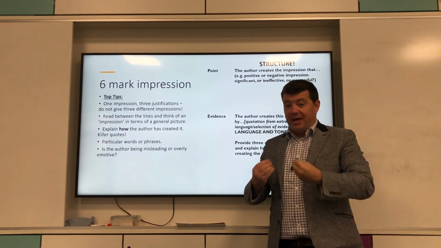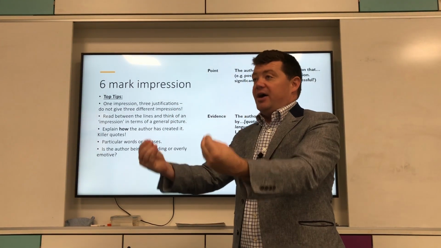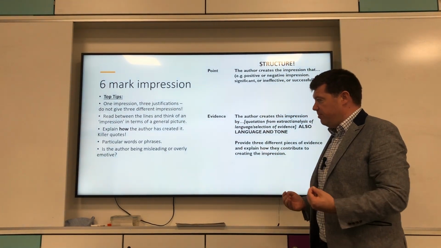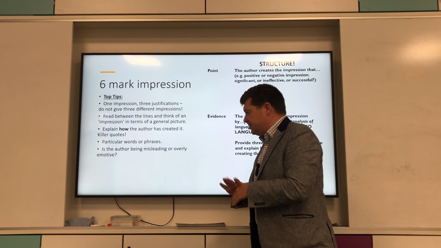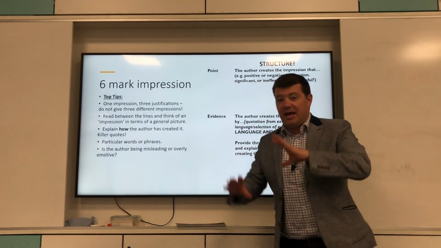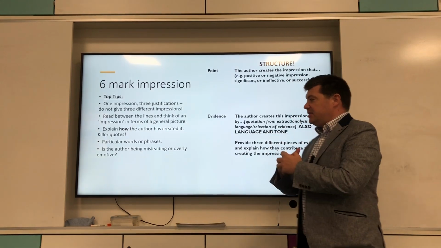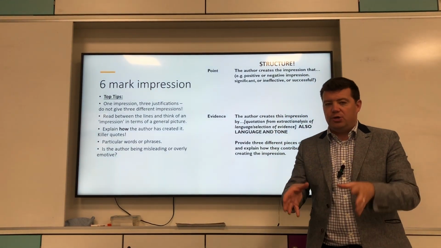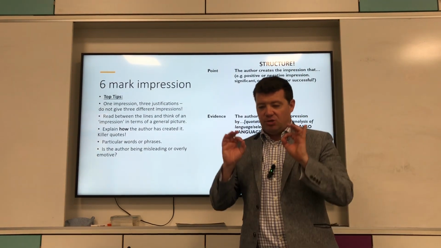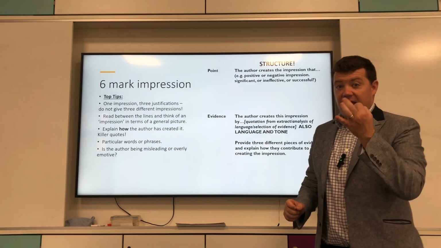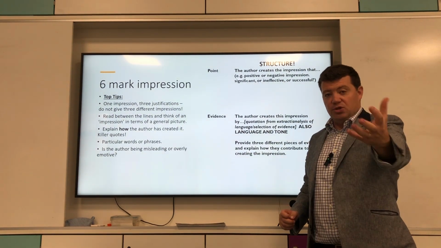You have to explain how the author provides this impression, so you do need killer quotes and key ideas from it all. Use particular word phrases. And then the other thing, if you're struggling to think, is there anything missing from this? Is the author being misleading? Are they not mentioning something which could impact the impression of it? It's a good, bread and butter, straightforward question, guaranteed 6 marks in the bag if you follow these guidelines and do it effectively.